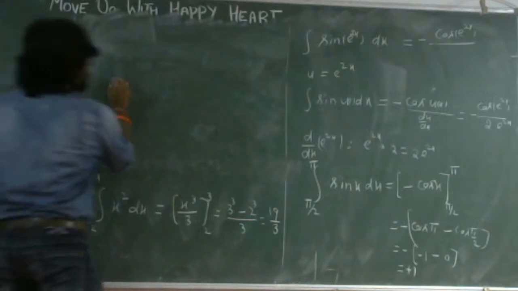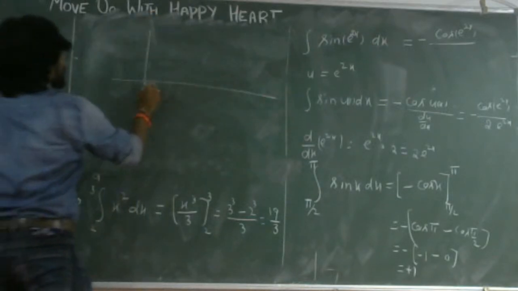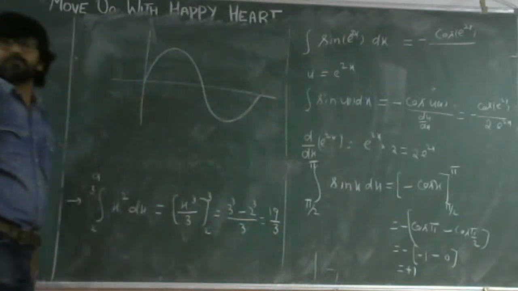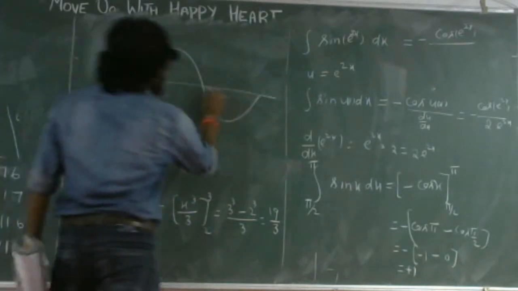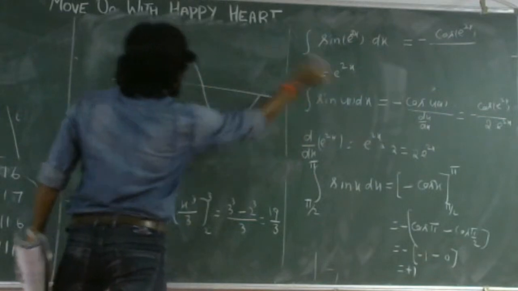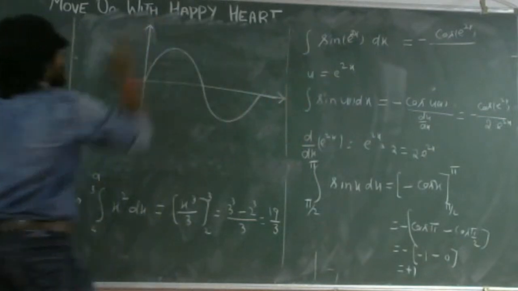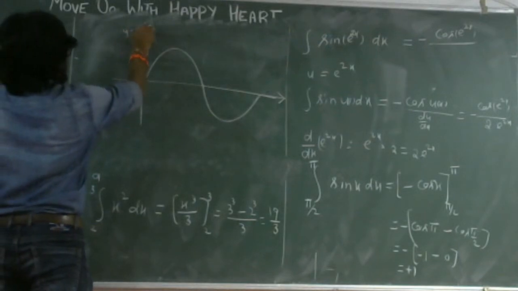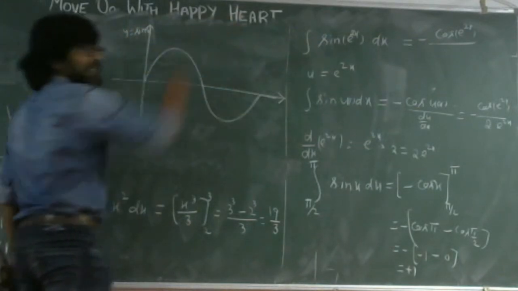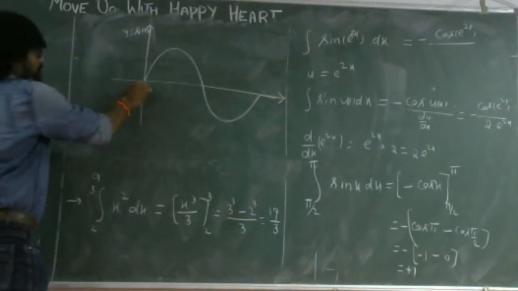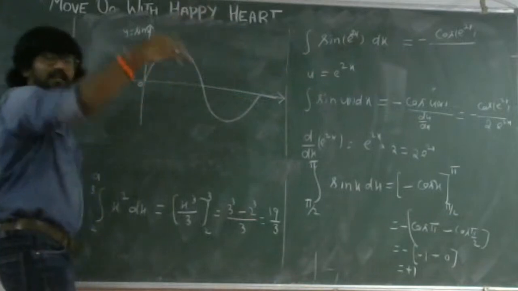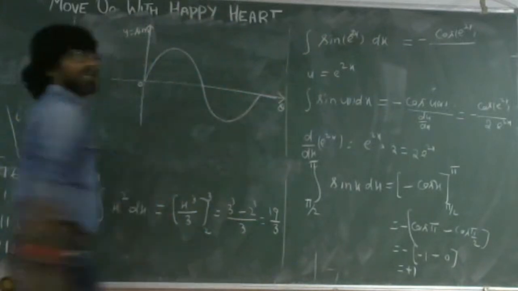Sine wave, this shape is called the sine wave. If we take the angle on the x-axis and the sine function on the y-axis, y is equal to sine x, this is the sine wave. Sine wave starts from 0. You can take time or angle. In terms of angle, let us take.